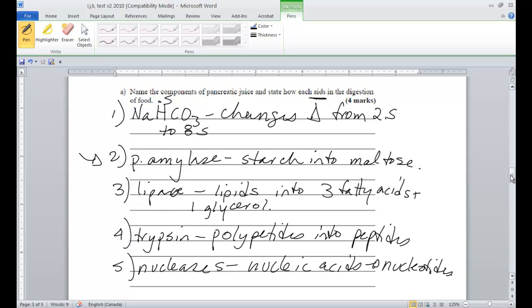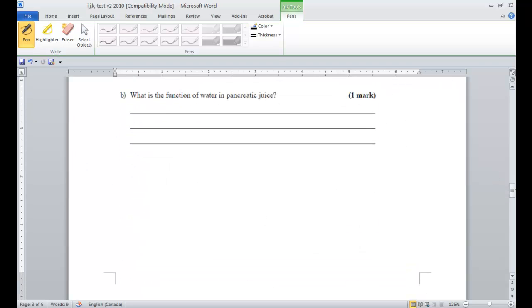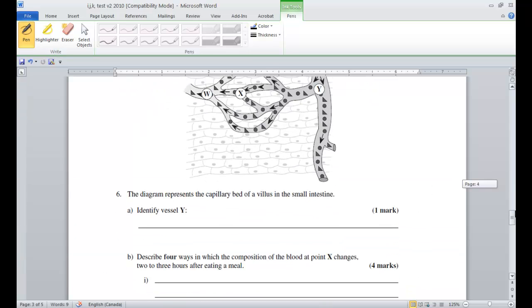Water, 2 things we could have said, or 3 things actually. It is a solvent. It carries all the enzymes. It assists in lubrication. It's a lubricant. Also needed for hydrolysis. So any of those 3 would have got you the mark.